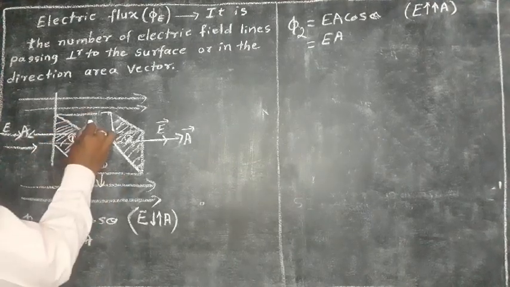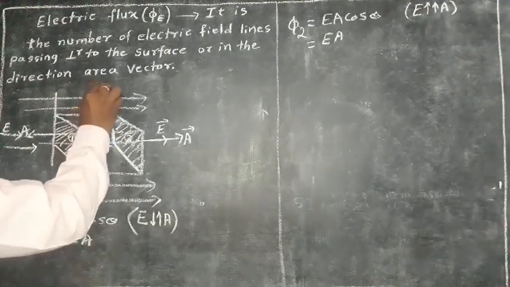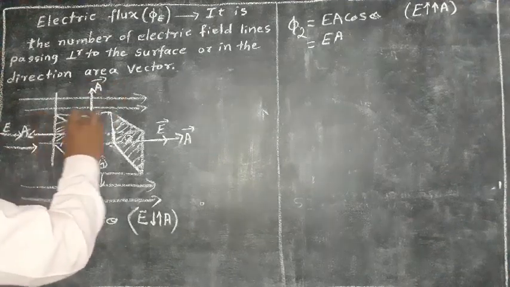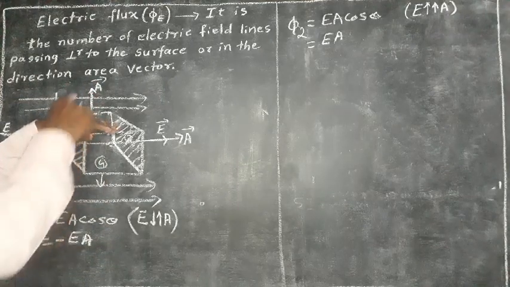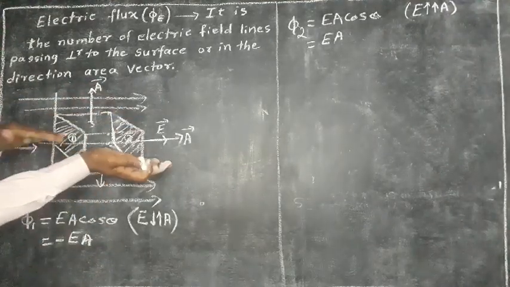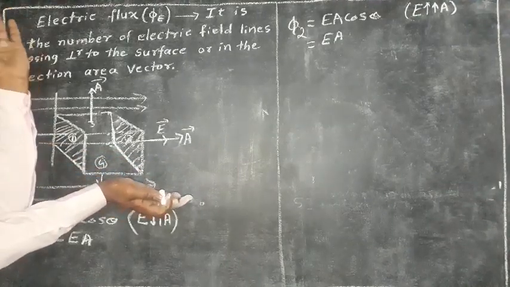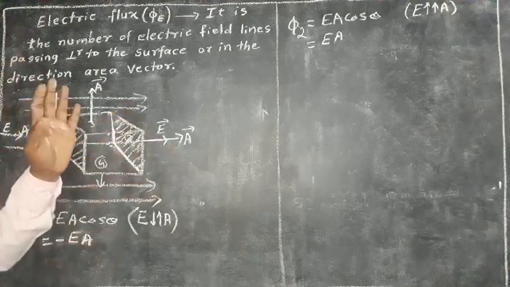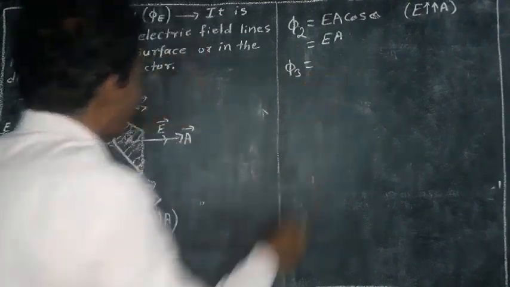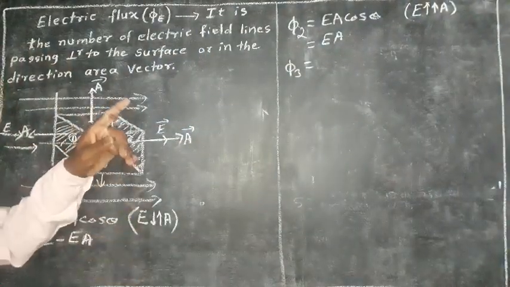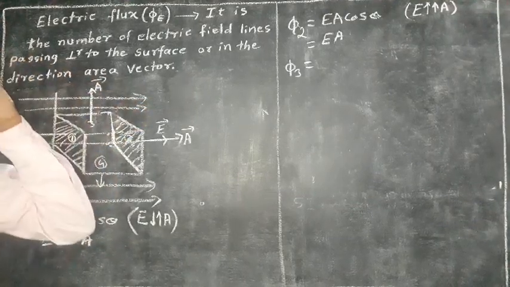Here the area vector is always normal to the surface, and the electric field vector is perpendicular to the area vector. Therefore, the angle between E and A is 90 degrees. Therefore, phi 3 is equal to EA cos 90, and cos 90 equal to 0.